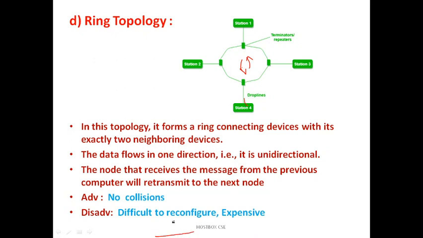The advantage is no collision, and the disadvantage is that it is difficult to reconfigure and expensive. No collision in the sense that systems A, B, C can communicate easily with one another, one by one, and share the data very easily at a time. That is possible in the ring topology here.